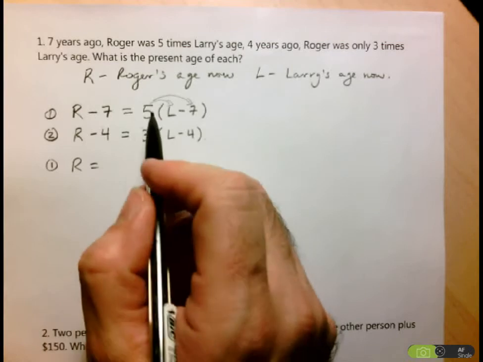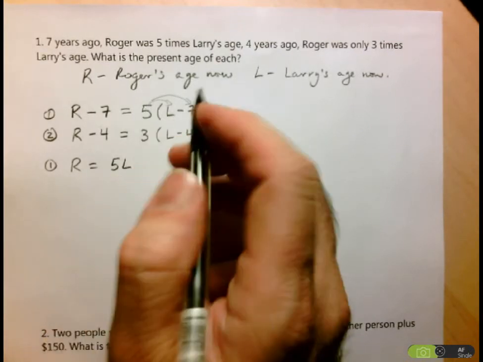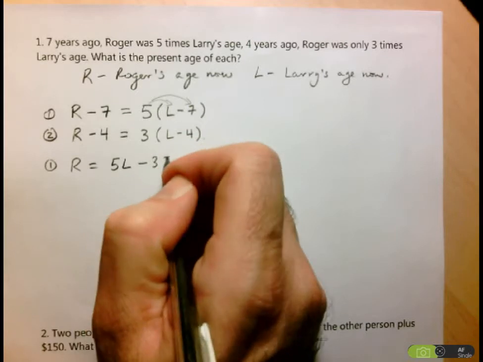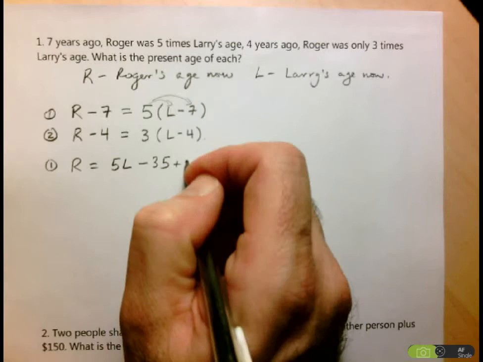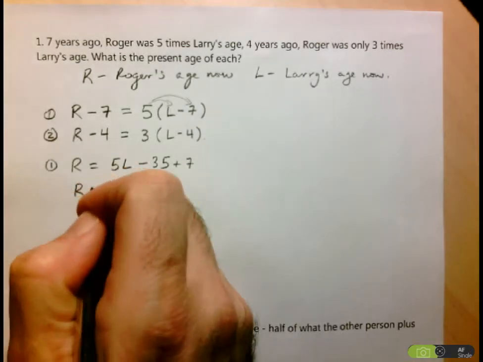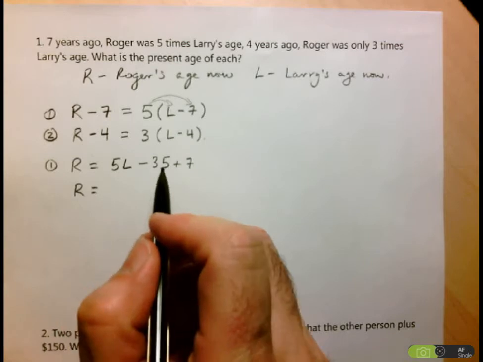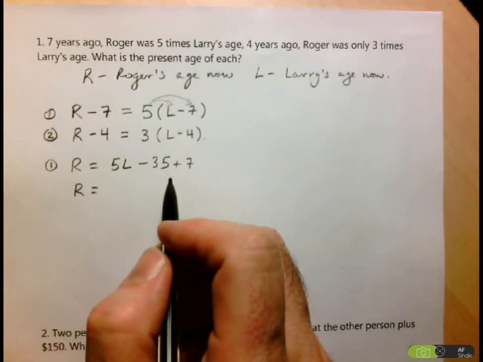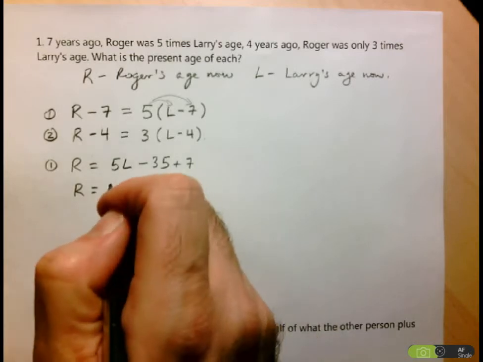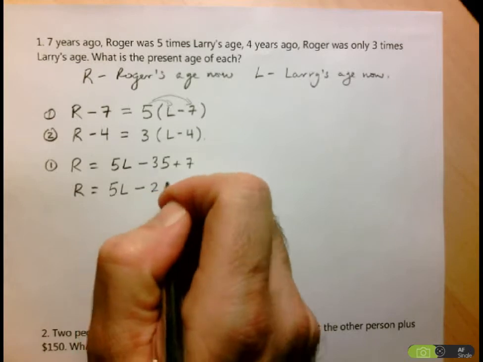So on the right hand side we have 5L, 5 times negative 7 is minus 35, plus I'm going to bring this minus 7 to the other side, so plus 7. So equation 1, written in a simpler form, is 5L, and here negative 35 plus 7 is going to be negative 28. So 5L minus 28.